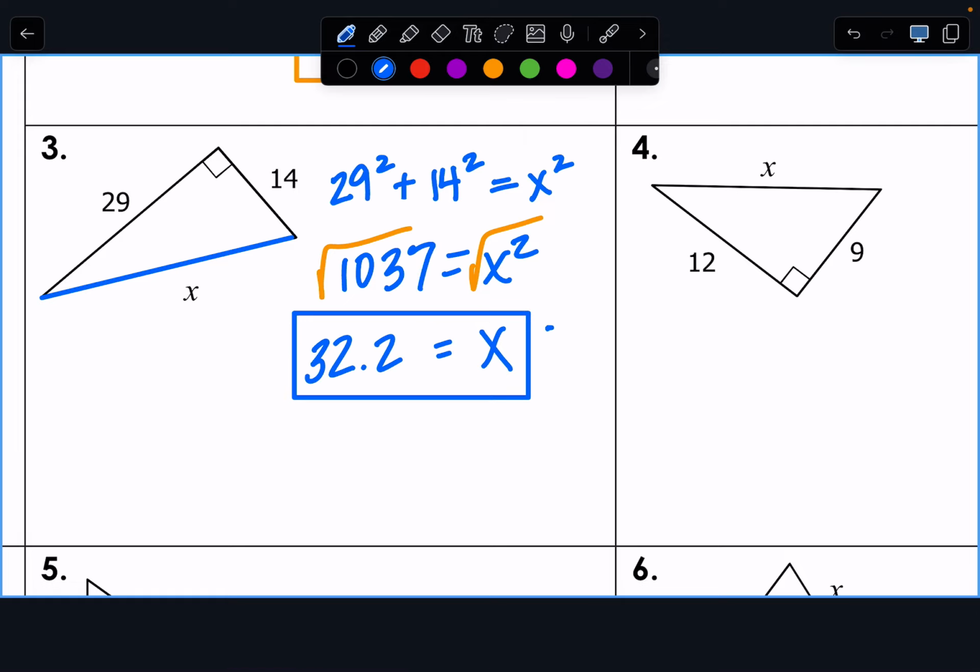Okay, excellent. Is it supposed to be like that, or could we just say x equals 32? So I want you to give me the decimal approximation, yeah, instead of leaving it as a radical. I'm saying x equals 32.2. Or does it need to be 32.2 equals x? Either way, I'm going to be flexible with, okay?